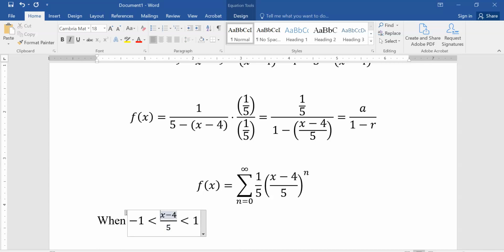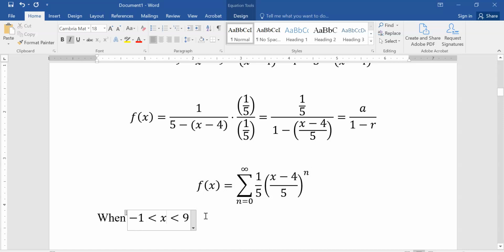That means, when you multiply by 5 on all three sides, and add 4 to every side, you figure out that this power series is equal to the function whenever x is between -1 and 9.